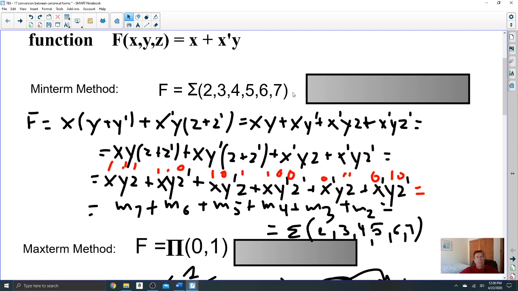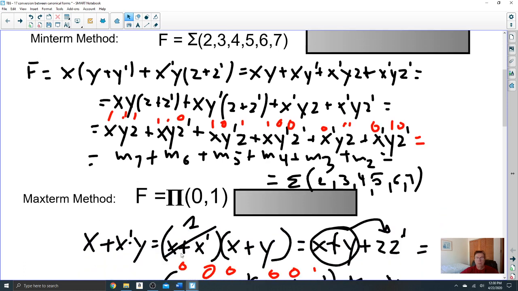That means when you find the sum of minterms, you automatically find the product of maxterms, because as you see, the sum of minterms and product of maxterms are in a complementary relationship. I'm going to look at it underneath.